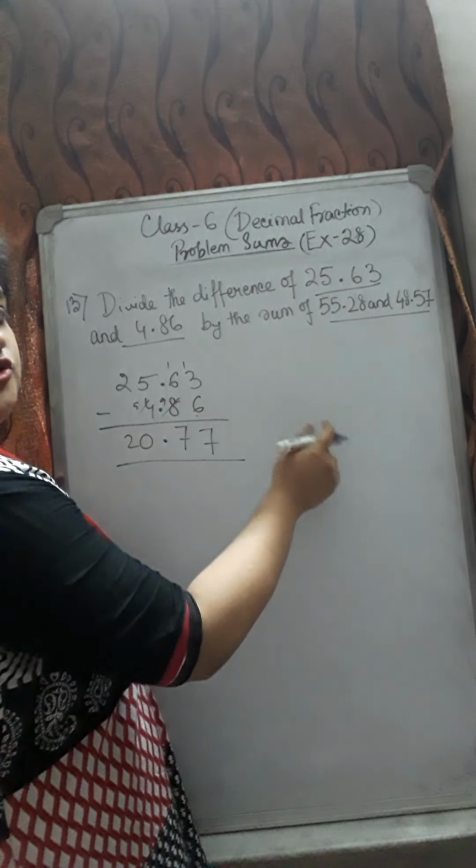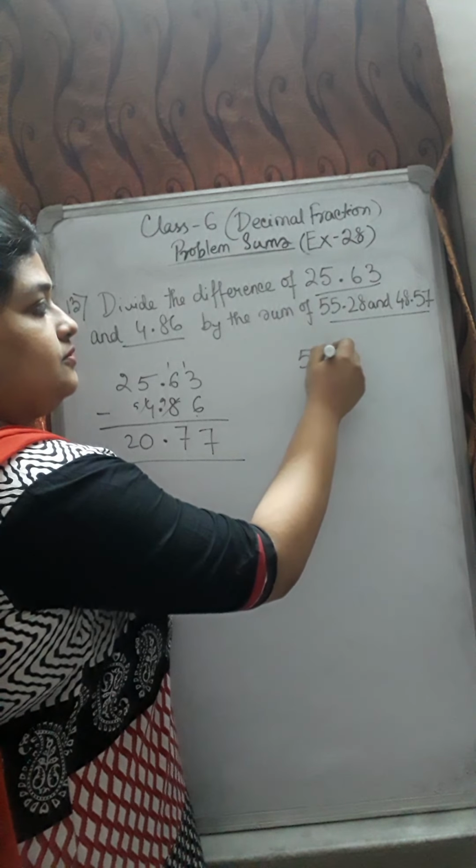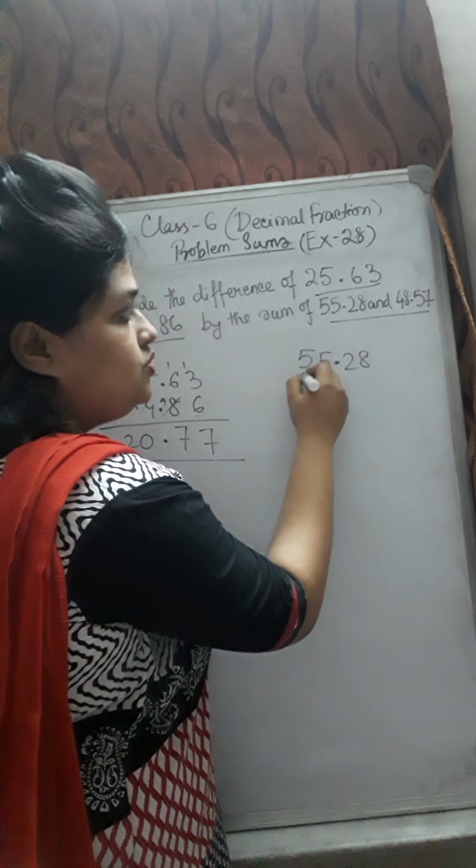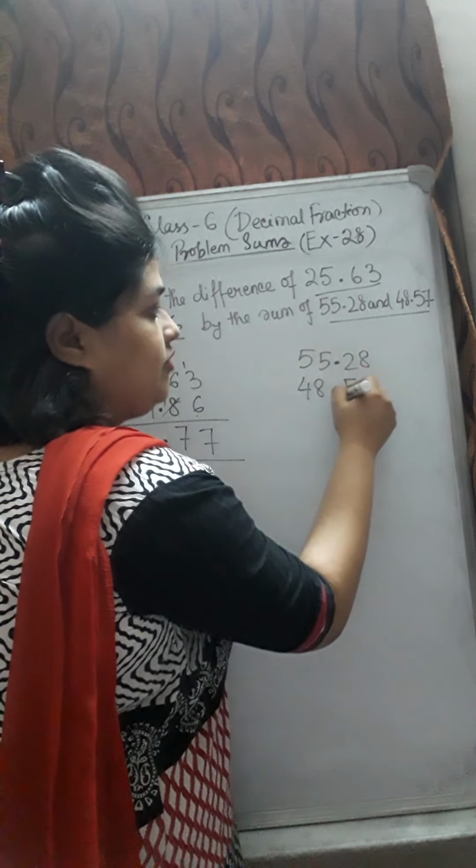Now you find the next part, the sum of 55.28 and 48.57.